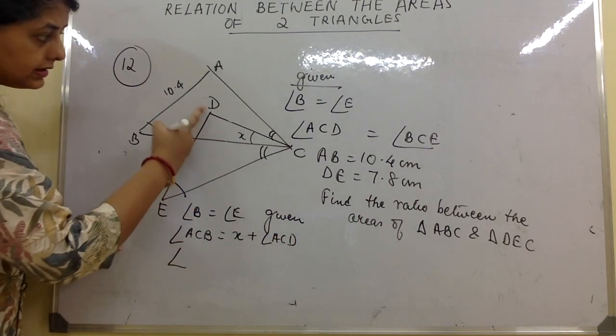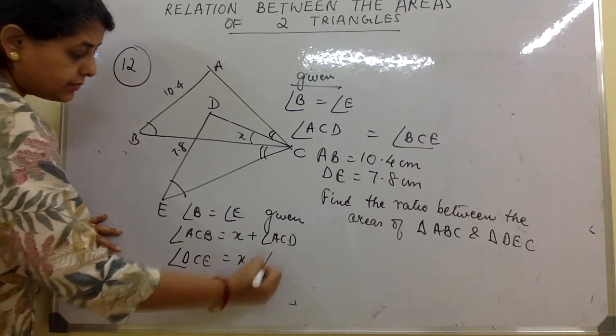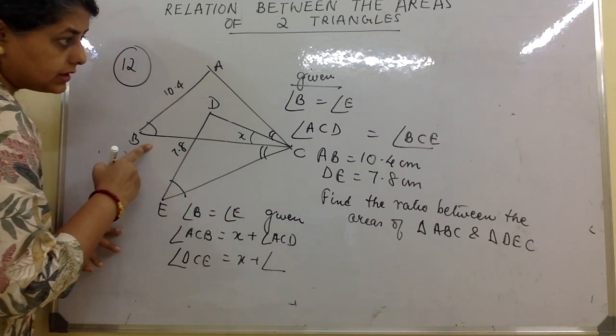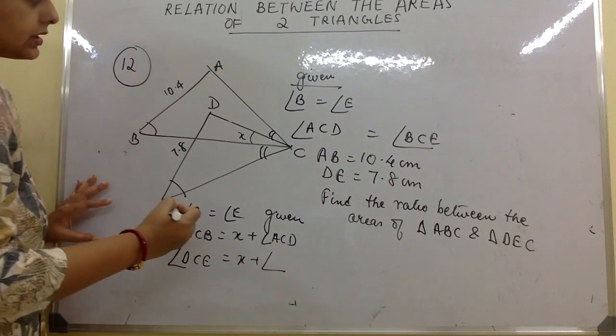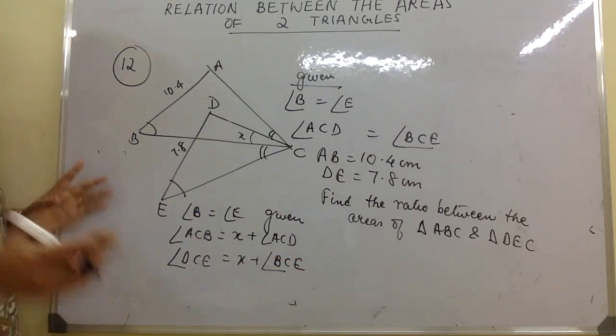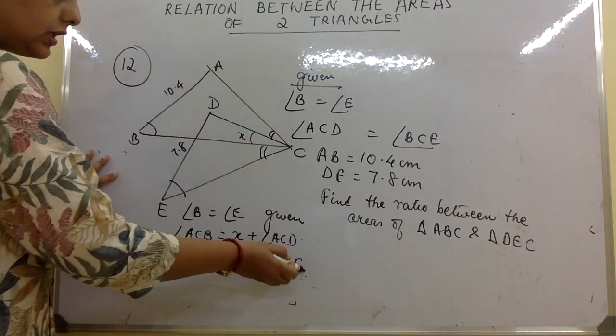Angle DCE is equal to again x plus angle ECB, that is BCE. But then they have told these two are equal.